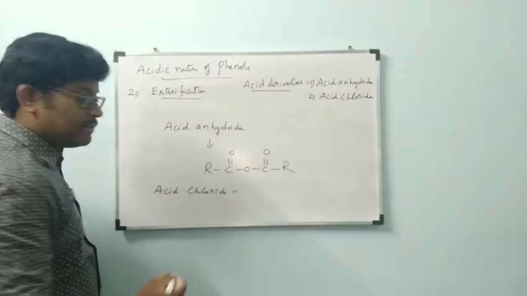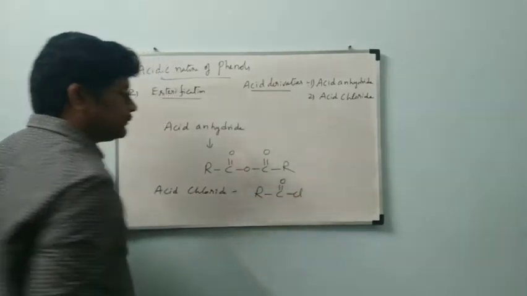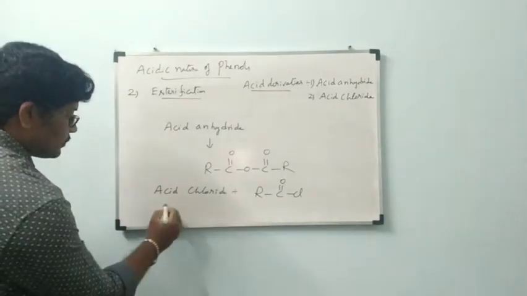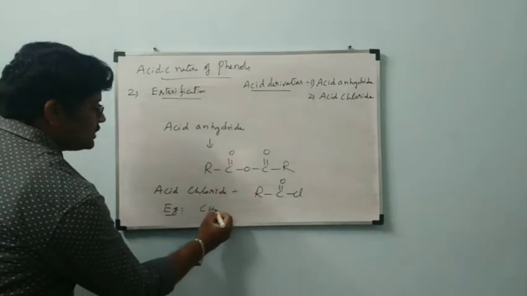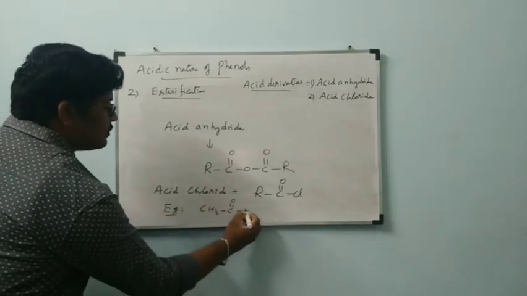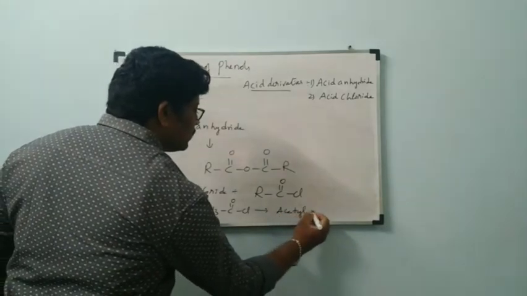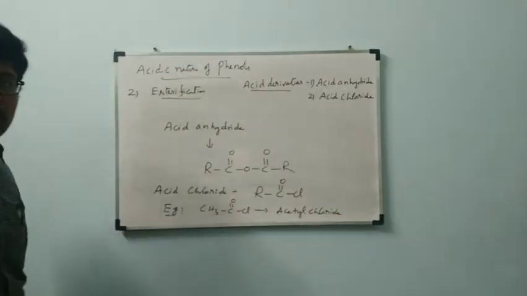Acid chloride general formula: RCOCl. Example: CH3, C double bond O, Cl. Name of this compound is acetyl chloride.